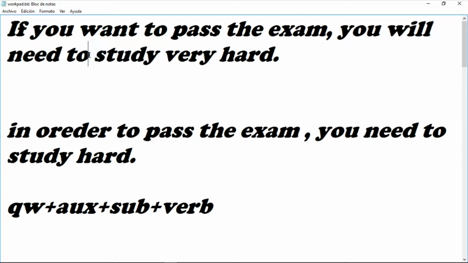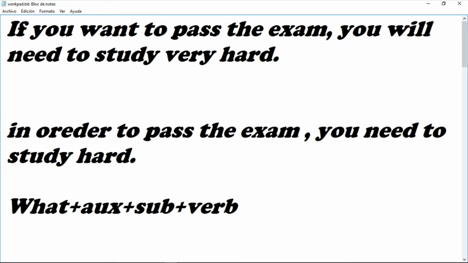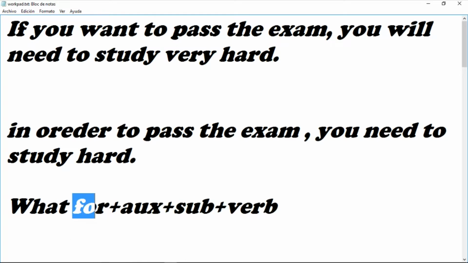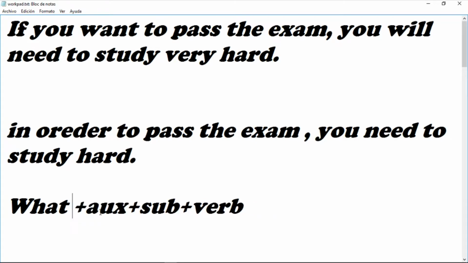But before the verb, we have the modal verb need to or have to, which implies obligation. The question word for purpose is what for. But since for is a preposition, this for would go at the end. And the question would be, what do I need to study hard for?